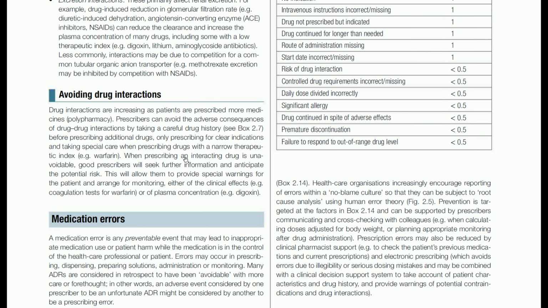When prescribing an interacting drug is unavoidable, good prescribers will seek further information and anticipate the potential risks. This will allow them to provide special warnings for the patient and arrange for monitoring either of the clinical effects, for example coagulation test for warfarin, or plasma concentration, for example digoxin.